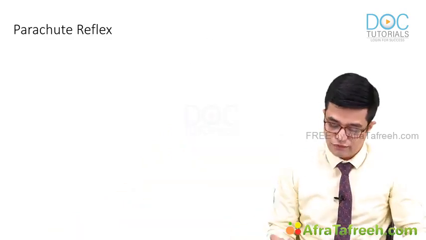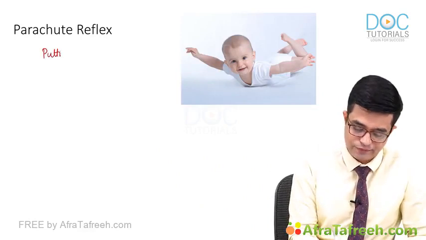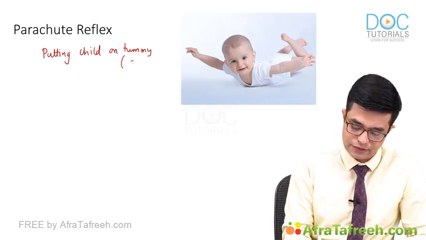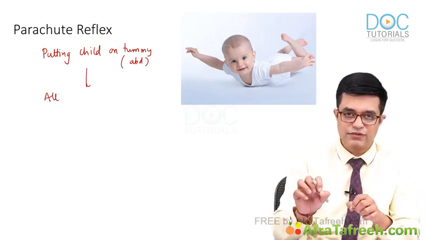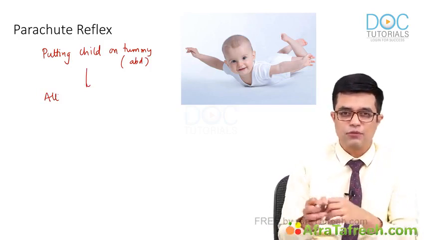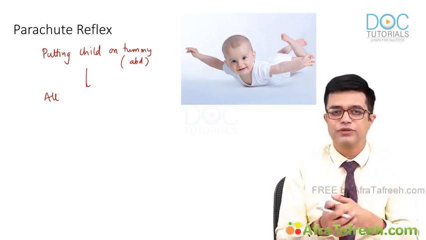So what is parachute reflex? It looks something like this. On putting the child on his tummy, that is abdomen, all four limbs go into extension. All these statements which I am writing in these reflexes are meant to be understood. So I'm not using technical words, because technical words, even if I write, you're not going to remember that.